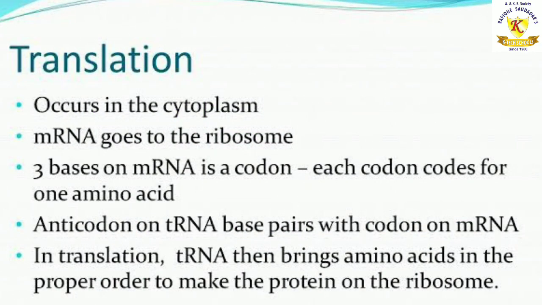It occurs in the cytoplasm. mRNA goes to the ribosome. 3 bases on mRNA is a codon. Each codon codes for 1 amino acid. Anticodon on tRNA base pairs with codon on mRNA. In translation, tRNA then brings amino acids in proper order to make the proteins on the ribosomes.